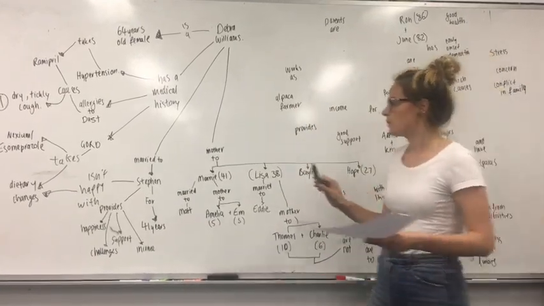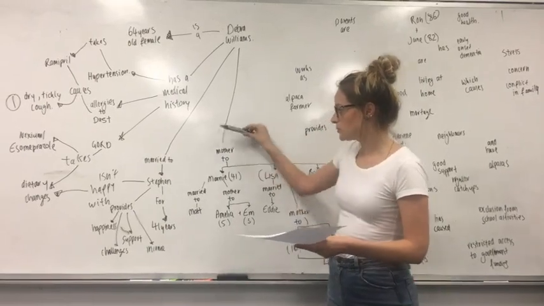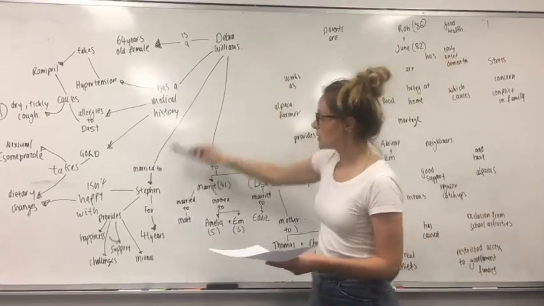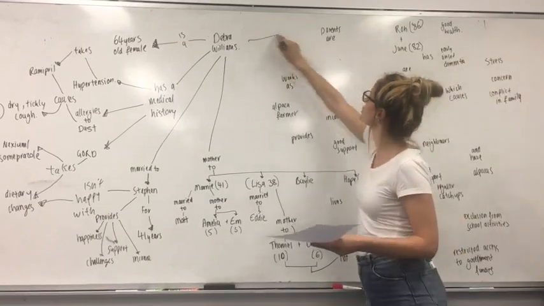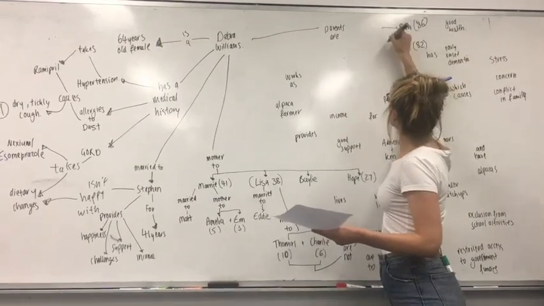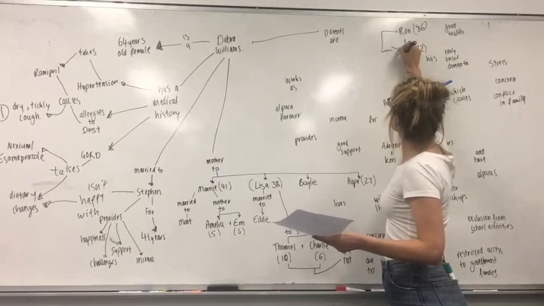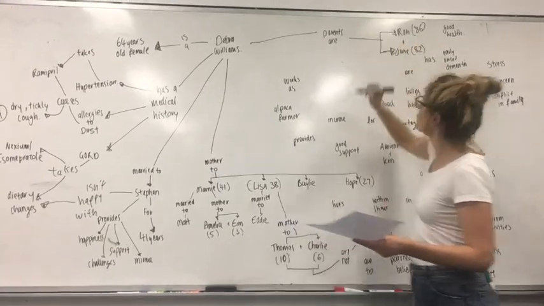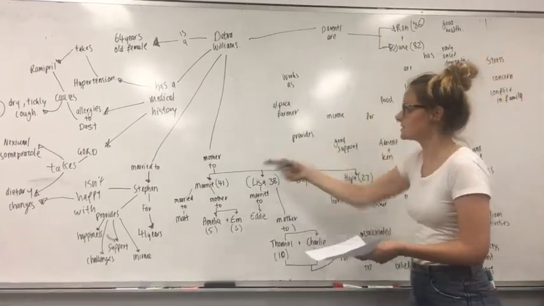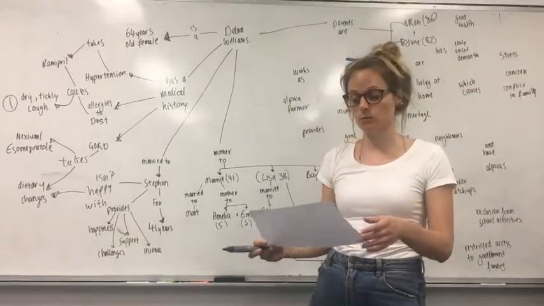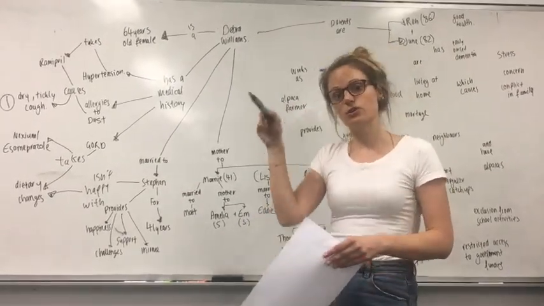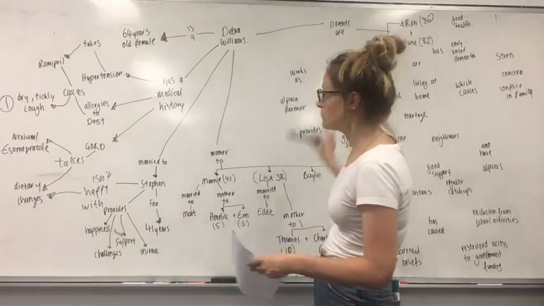Alrighty, so it's up to you if you do it like this, where she's married to Stephen, mother to, and then up here we find out that her parents are Ron and June. Now you can do it like this, or you can also do your genogram, which is what we look at in week 1, where you're using your circles and your squares to actually formulate a family tree.